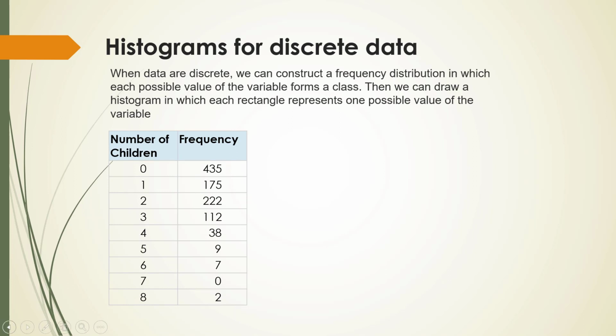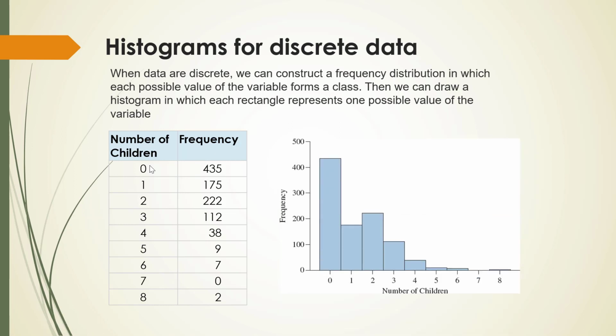For example, this is a data set of discrete data because the number of children cannot be a decimal. The way we make the histogram is to make sure there's no gap between rectangles. The values 0, 1, 2, 3, 4, 5, 6, 7, 8 should be at the middle of each rectangle.